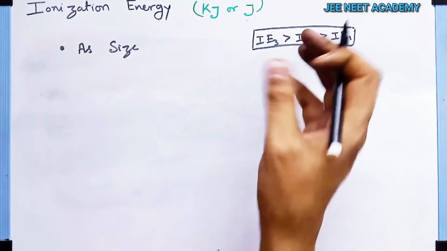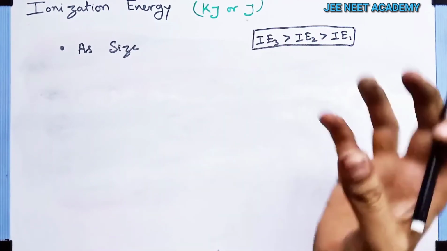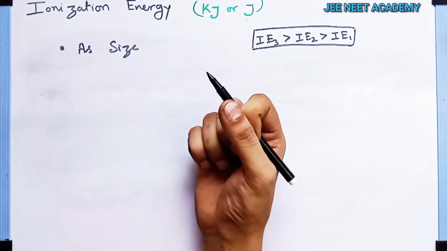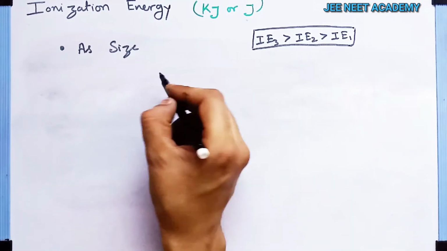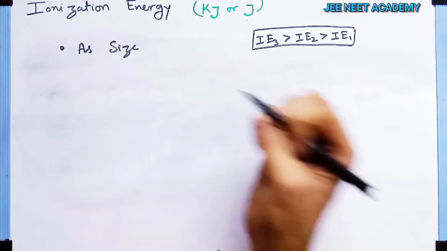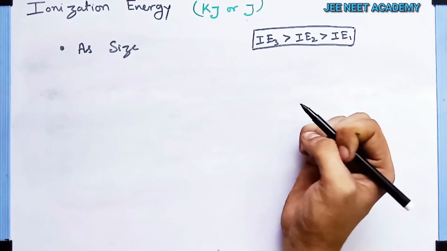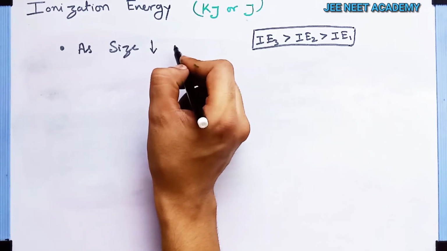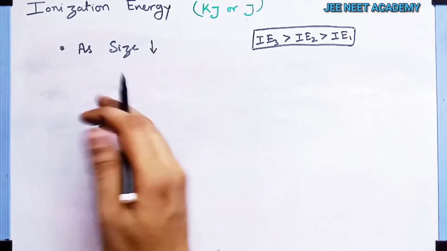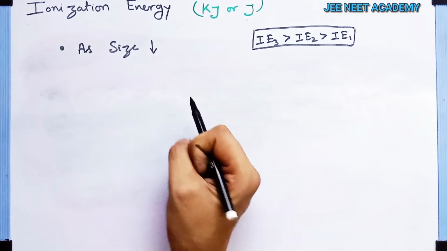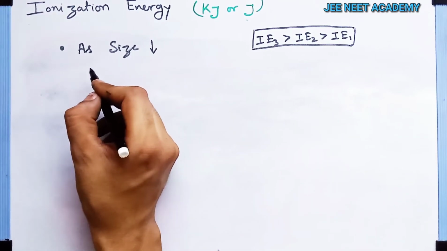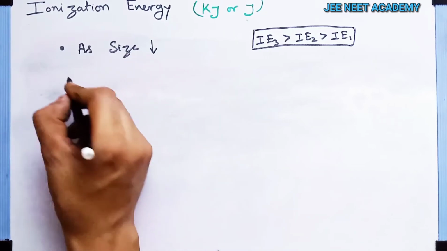As you remove electrons, the size of the cation becomes smaller compared to the size after removing 1 electron. So size is decreasing after every ionization, the attraction is increasing, and the outer electron becomes closer to the nucleus.